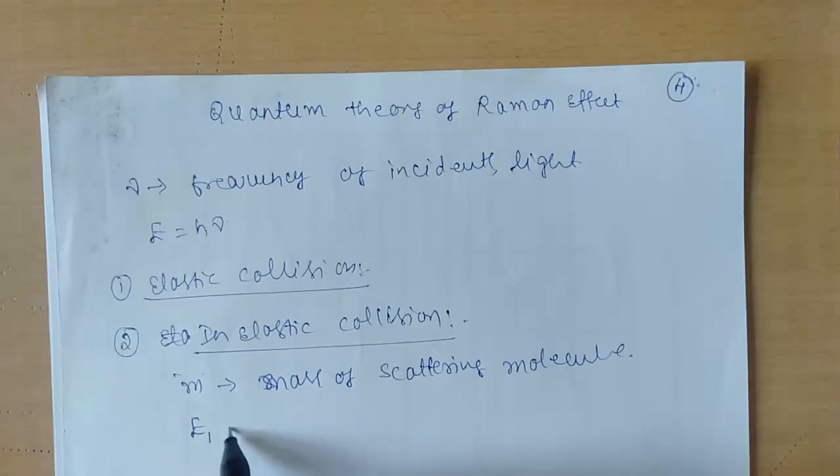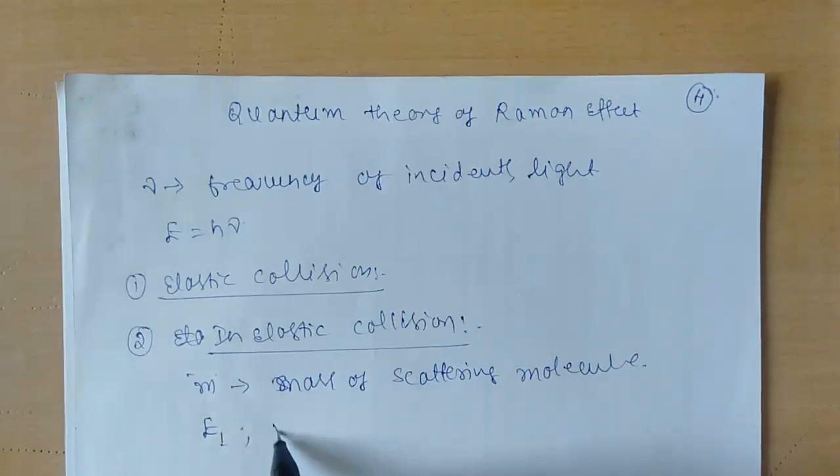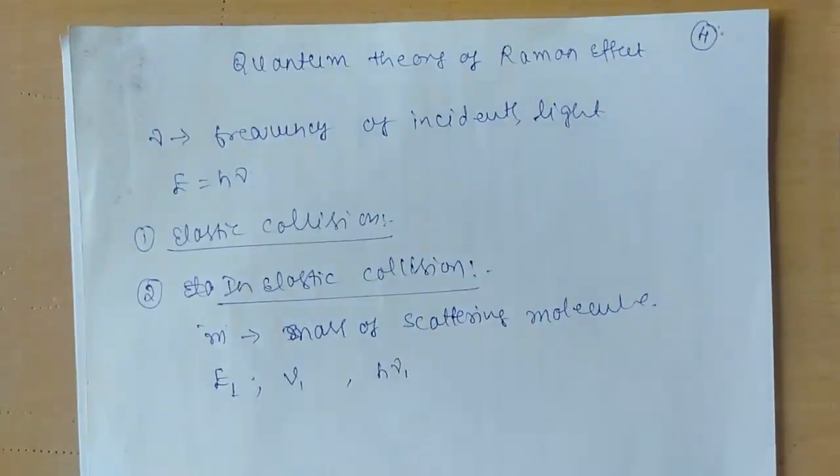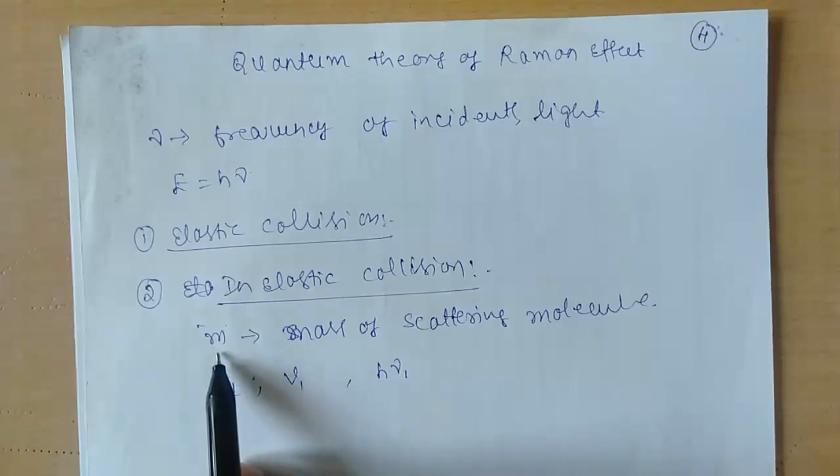This energy is nothing but the sum of the vibrational, rotational and electronic energy levels. Let this molecule be moving with a velocity v1. Now when a photon of energy h nu1 is incident, it will collide with the scattering molecule.